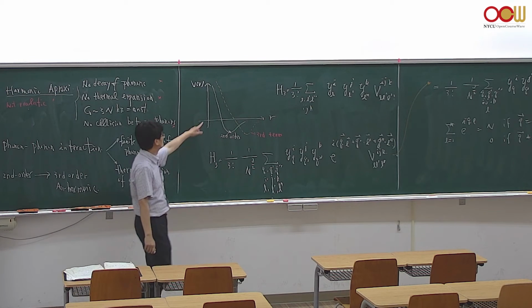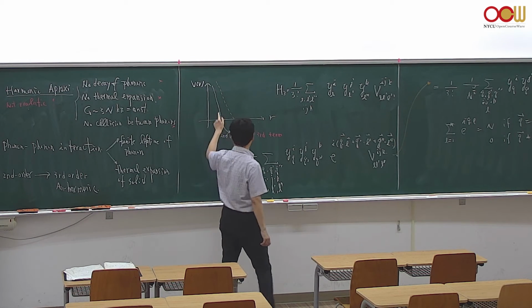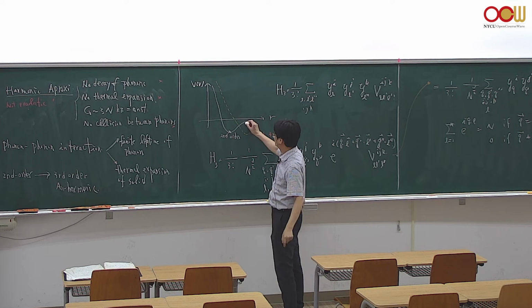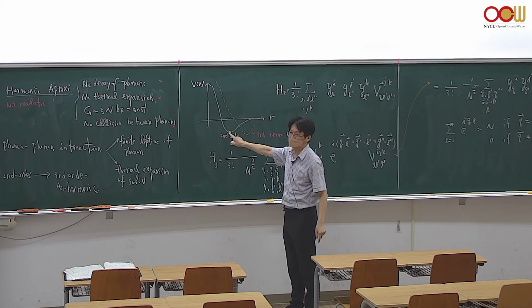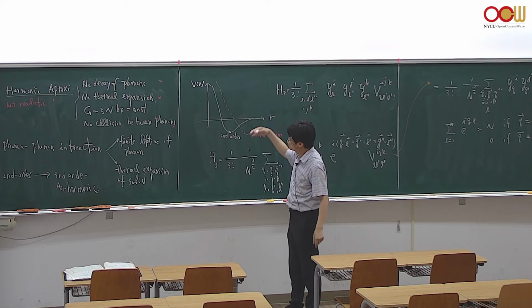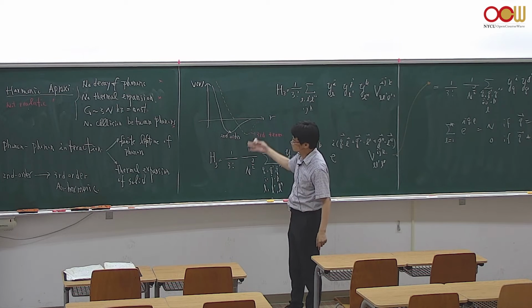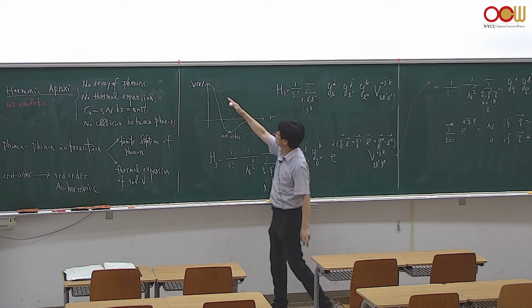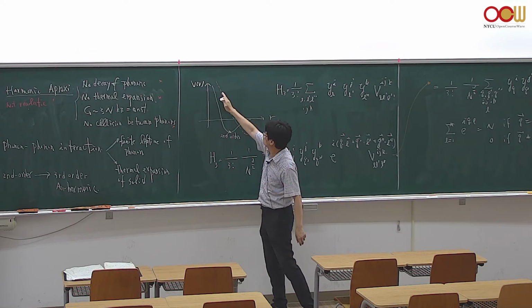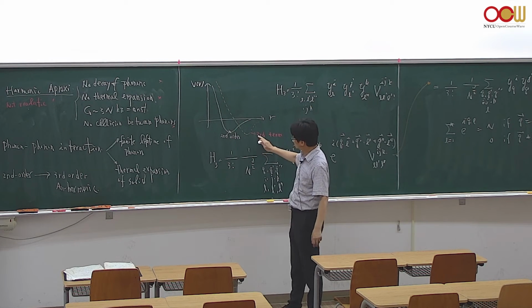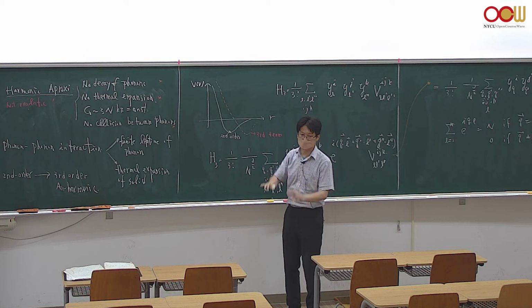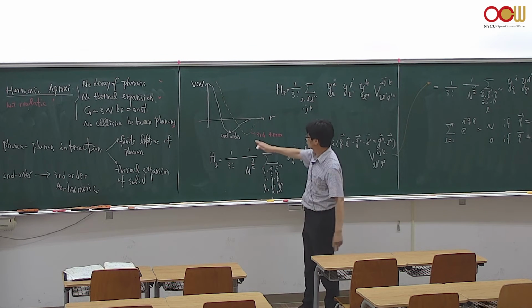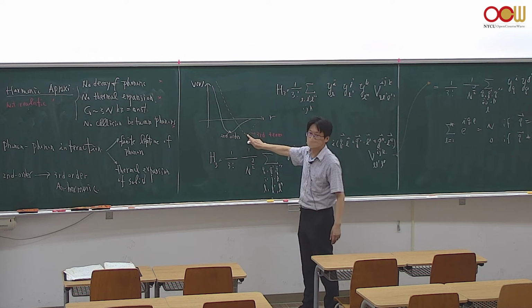So this is the potential up to second order harmonic approximation that we did, and now we add the third order term to the potential, so that the white curve now becomes a yellow dashed line. Of course, it got shifted and distorted, but basically you still get some minimum point right here.